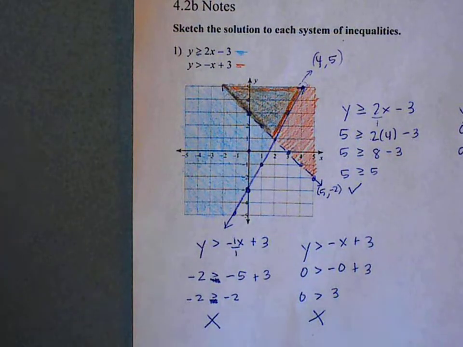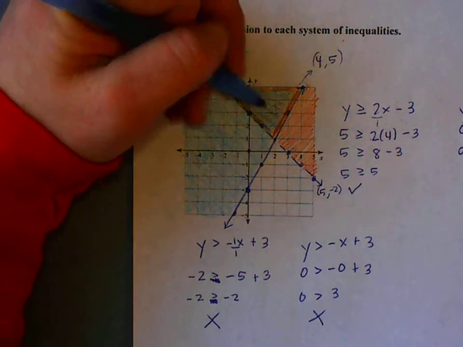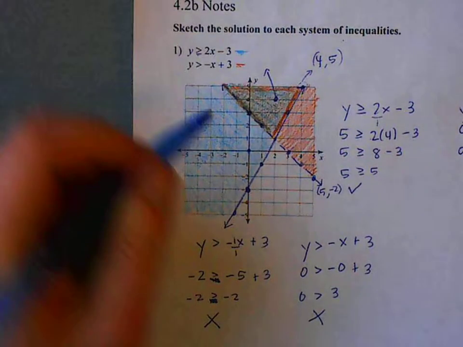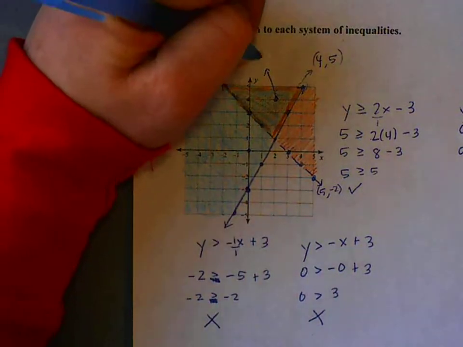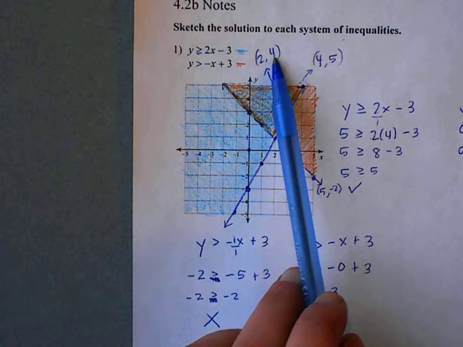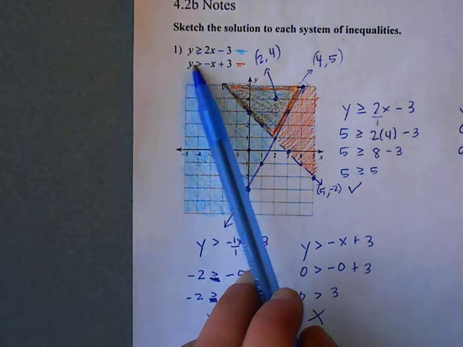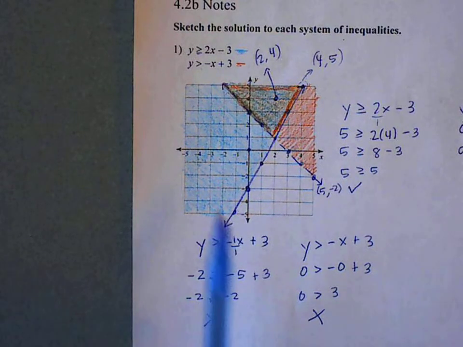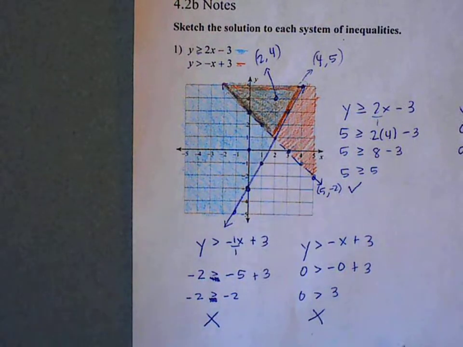If you want to, you can, but I'm going to pick this one right here, which is 2 and 4. If you were to plug 2 and 4 in for x and y into both of those, it would make both of them work. So that's how you find the solution.